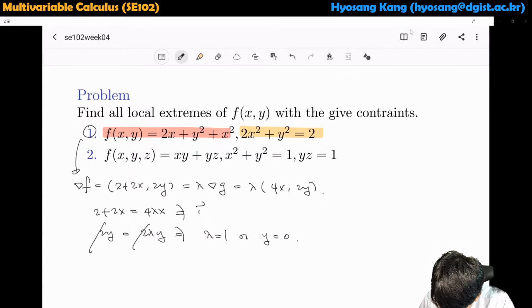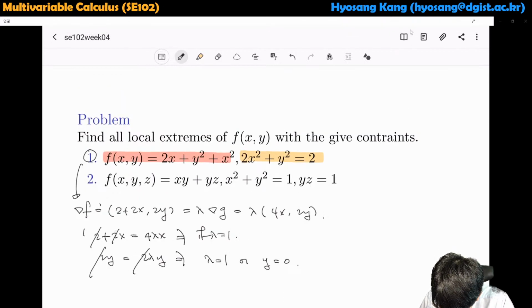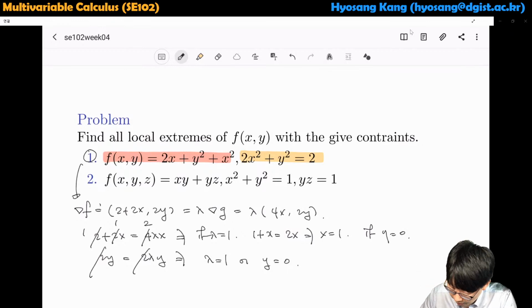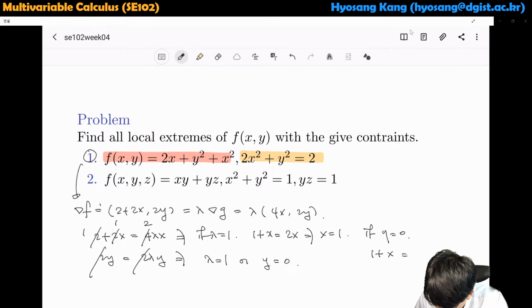If lambda equals 1, then in the first equation, let's also change this to 2, then what we have is 1 plus x equals 2x. Therefore x equals 1, right? If y equals 0, that means lambda can be anything. Then our equation is 1 plus x equals 2 lambda x. Therefore x is 1 over 2 lambda minus 1, right?